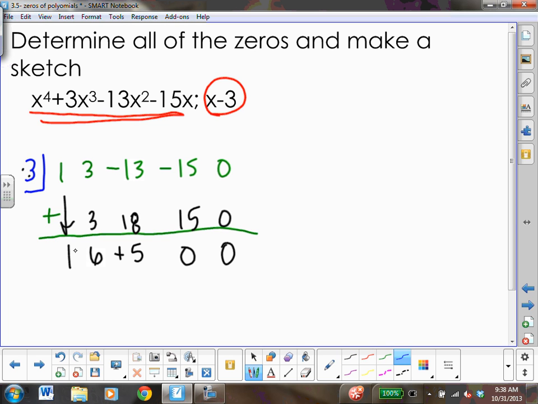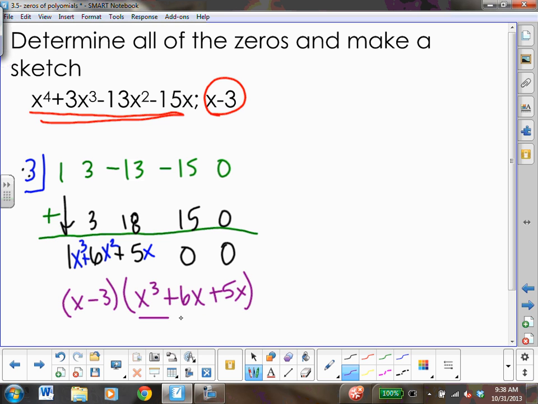Now I have this. I reduce all the powers by 1, so it's x to the third plus 6x squared plus 5x. So right now, I have my polynomial factored to be this. So now I just need to factor this part of the polynomial any further.